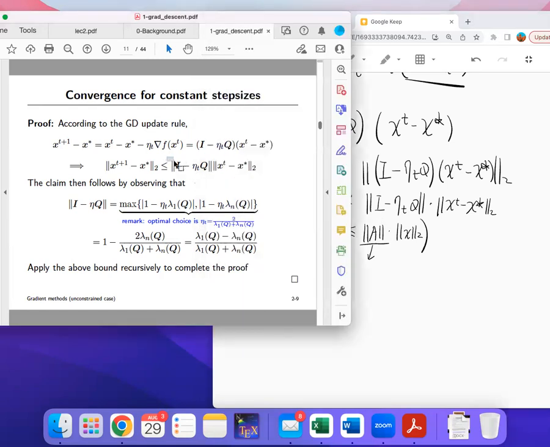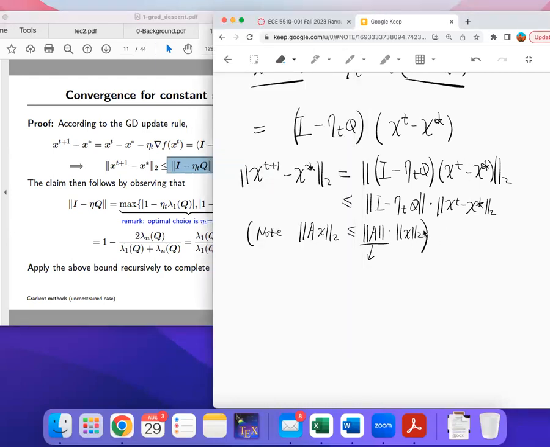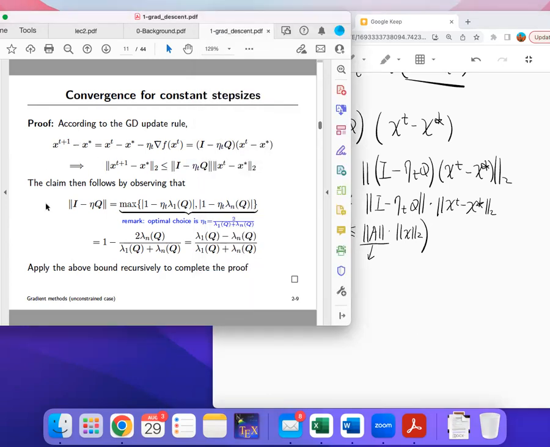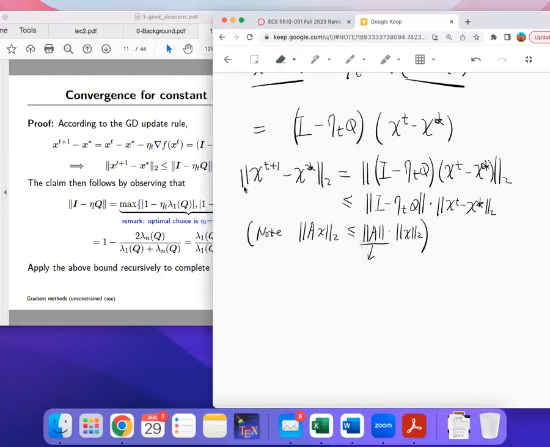So this is a fundamental matrix-vector inequality. It's just linear algebra, and you need to remember it. All we have to do now is see that we have built a relation between the distance at t plus 1 and the distance at time t.